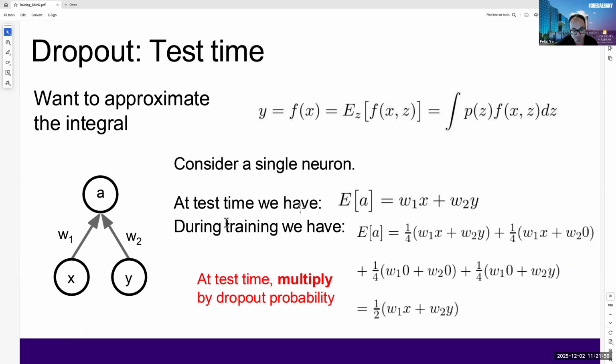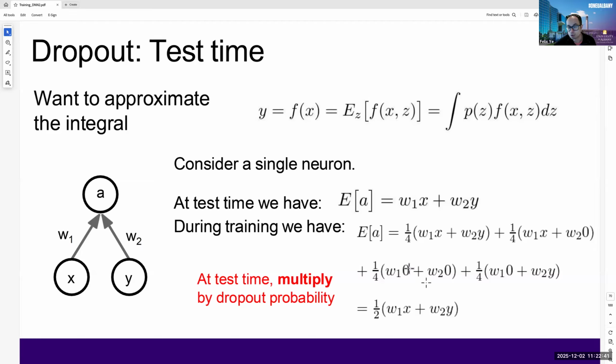When we do the testing, we have W1 times X plus W2 times Y, where X and Y are each on or off with some probability. So in total we have 4 different situations: either this is on and this is off, or this is off and this is on, or both are on, or both are off. Each of those has 1/4 probability. Adding this up, we get 1/2 of W1X plus W2Y.